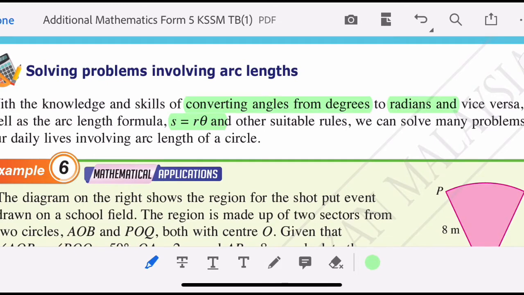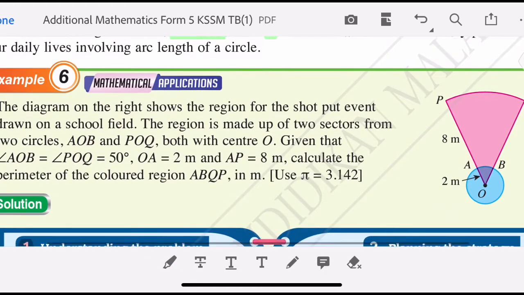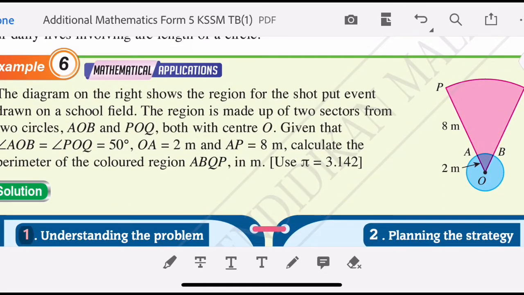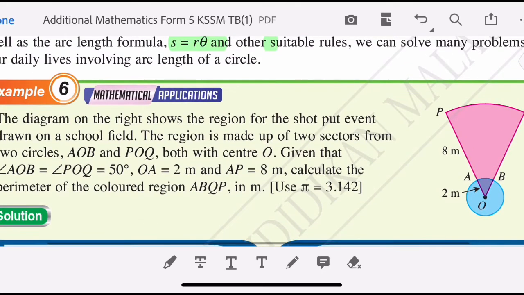So today we are going to apply the formula in solving the problem. Let's have a look at the question. Let's read the question first, and there are many steps involved to do the hot question. So we start with the question first.